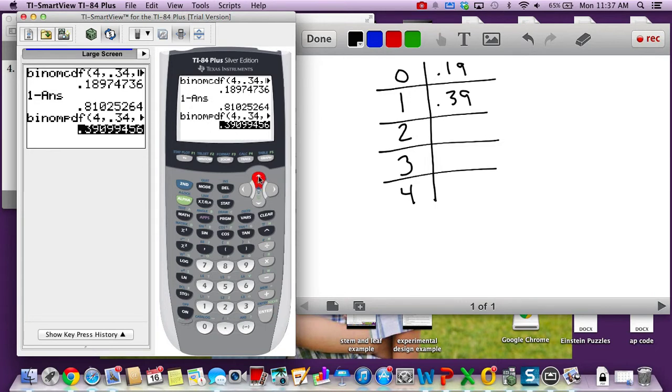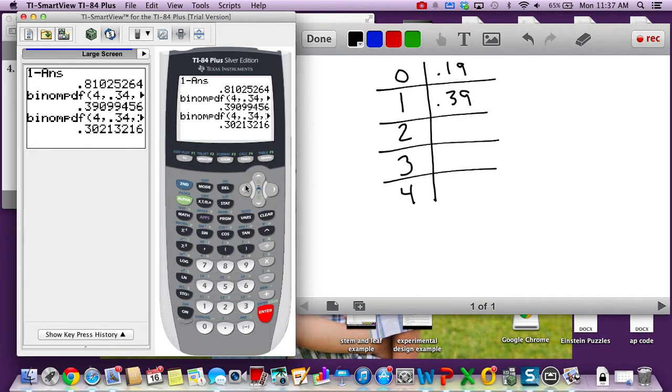What I can do now is second entry. What I just did is copy this entry, and now I'm going to put in a 2 instead of a 1. It's a quick way to do this again.